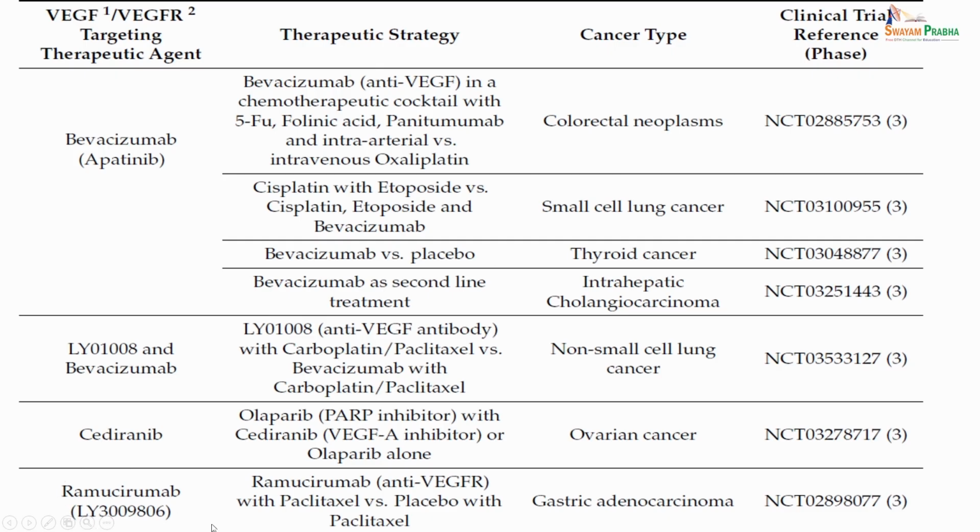And another molecule, ramucirumab, which is basically an anti-VEGF receptor, along with paclitaxel versus placebo with paclitaxel. This has been done in gastric adenocarcinoma. So, these clinical trials can be referred to understand the role of the anti-angiogenic reagents.